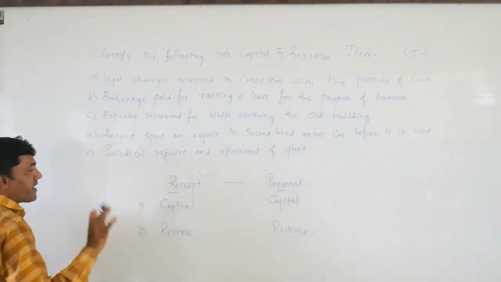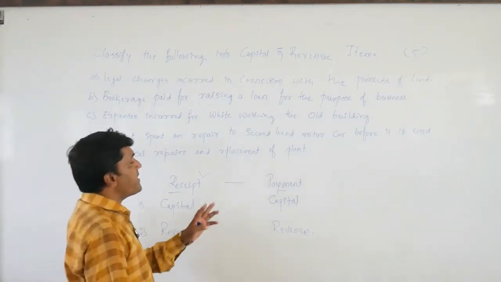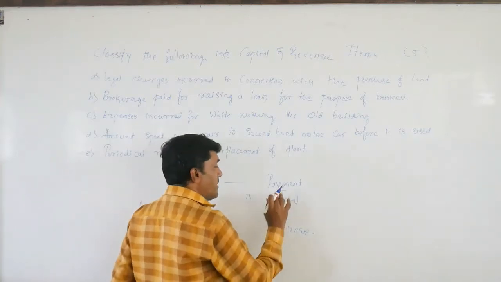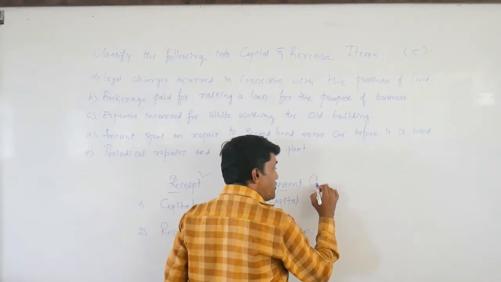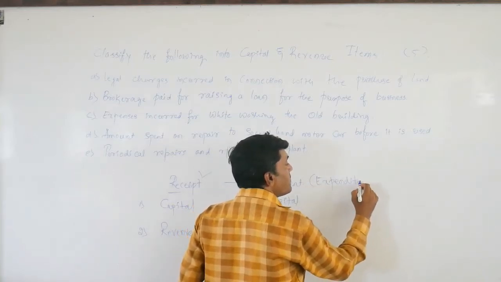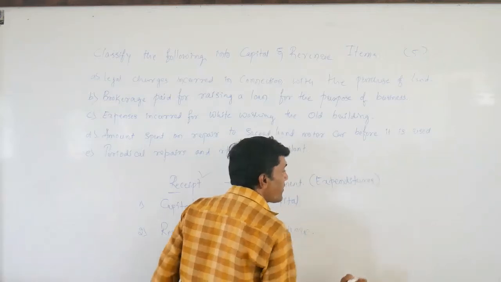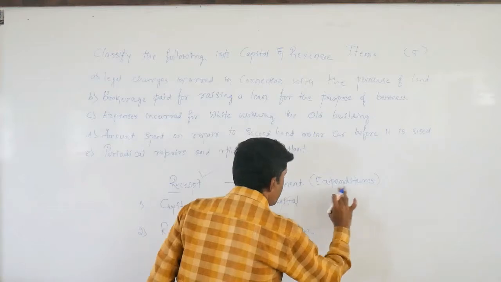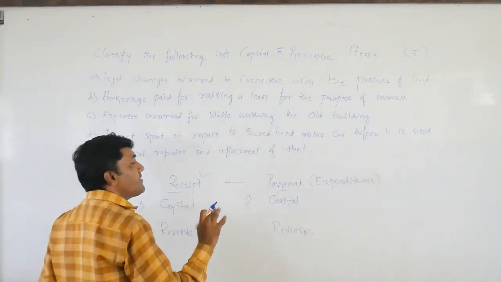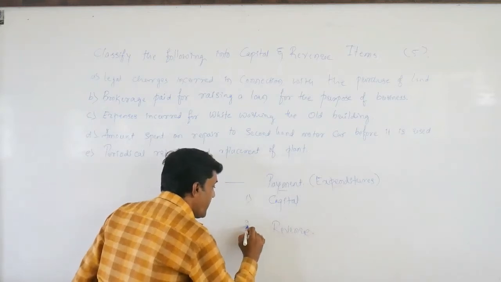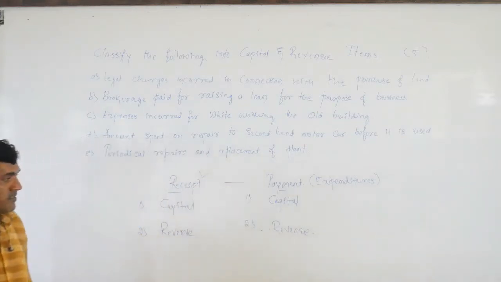Like this only we can classify receipts. If it is a payment, here also we can classify these payments into capital payments, or you can say expenditures. So if it is the expenditure, we can classify this expenditure as capital expenditure or revenue expenditure.